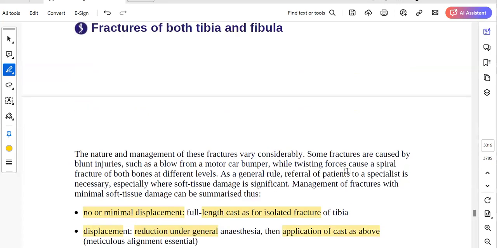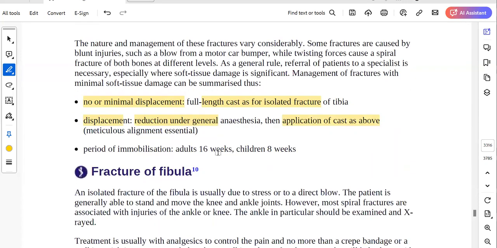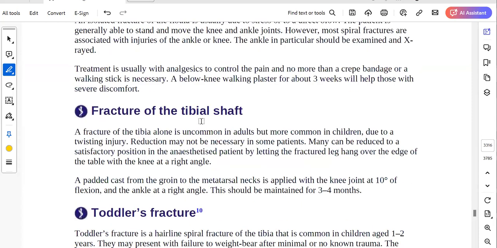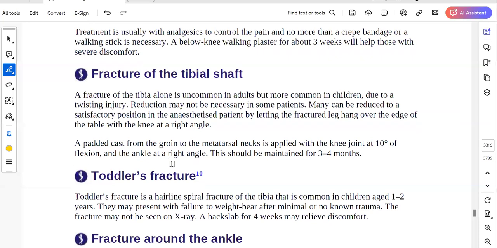For this kind of fracture of a long bone of the lower limb, it takes even 16 to 18 weeks to heal fully. Fracture of the fibula is not important.